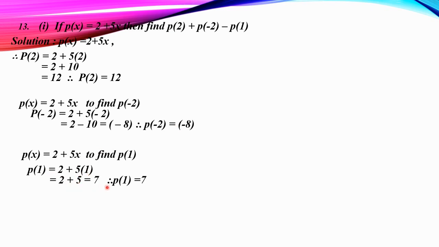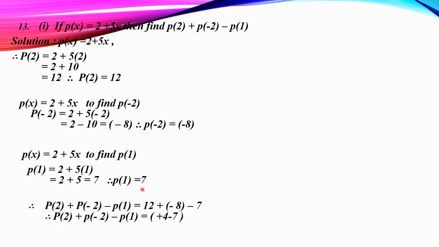Therefore, p(1) is equal to 7. Now substituting all the three values in the given question, we get 12 plus minus 8 minus 7. Therefore, p(2) plus p(minus 2) minus p(1) is equal to 4 minus 7, and that is equal to minus 3.